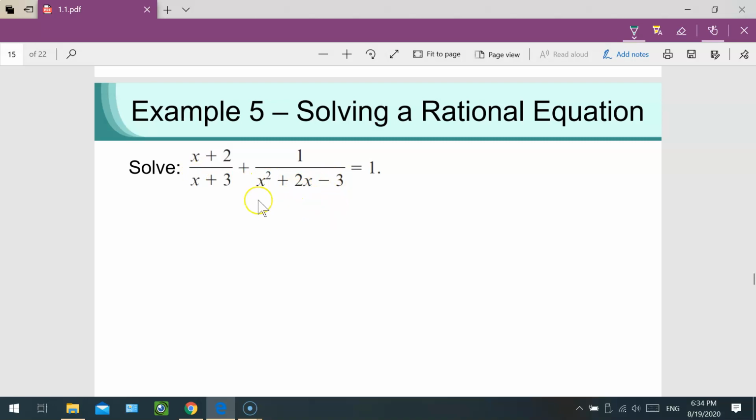Only x we have to figure out. So the way we are going to deal with this type of equation, a rational equation, we need to determine the least LCM, least common multiple, or some people call it LCD, least common denominator. But these two, for this case, have the same meaning, right?